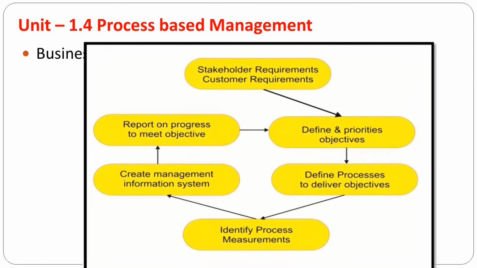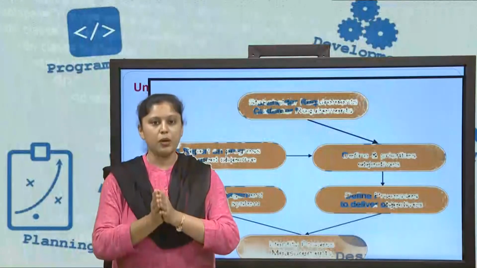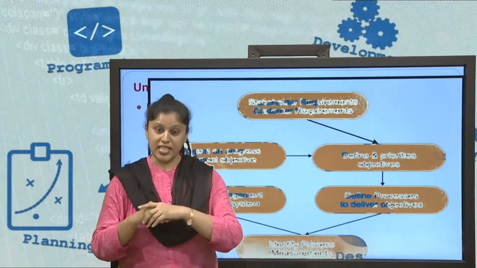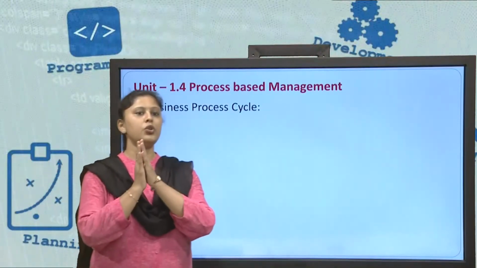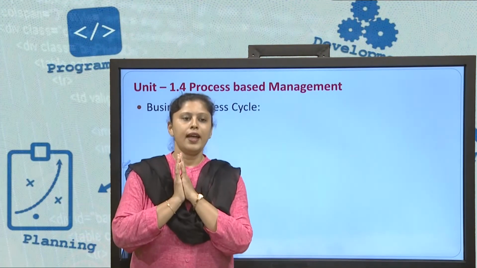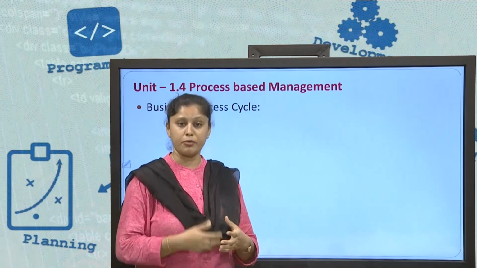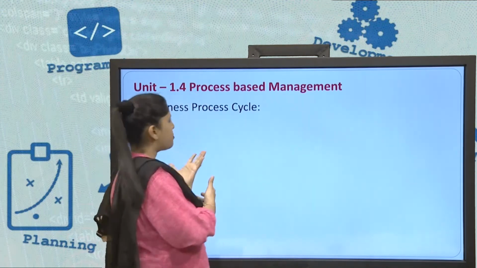I would conclude with this, and later, maybe in the next lecture, we will see more on SPM, what is risk management, and we will even see what is XP. XP is something very interesting. So with this we conclude our 1.4, and here I stop with an understanding of what is a software project, what is software, what is project management, and a business process cycle.